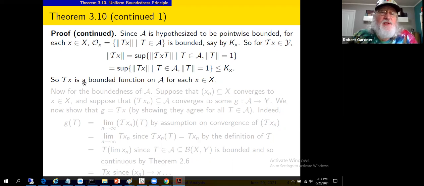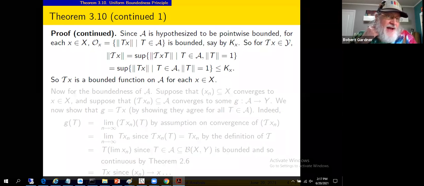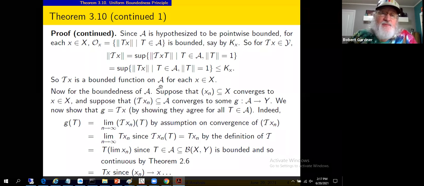Okay, so calligraphy T of x is a bounded function. That holds for all x. We're not after boundedness of calligraphy T of x. We're after boundedness of set A. So we need to shift over to the boundedness of set calligraphy A. We're going to do so using the closed graph theorem. We'll go back and look at the closed graph theorem here in a second as well.